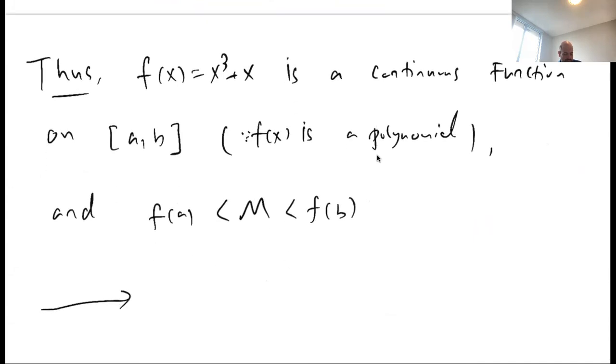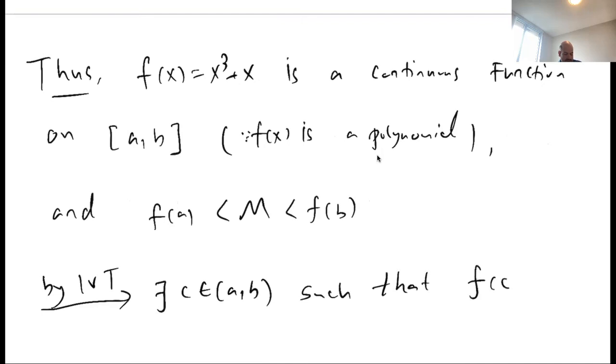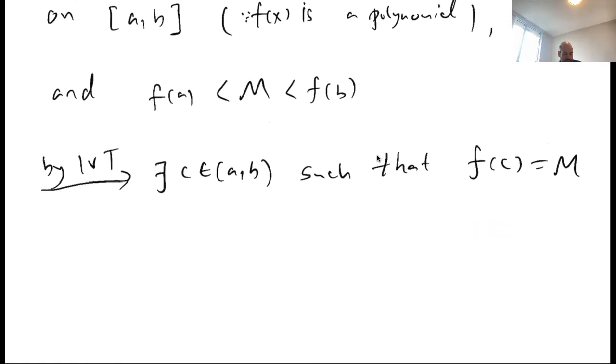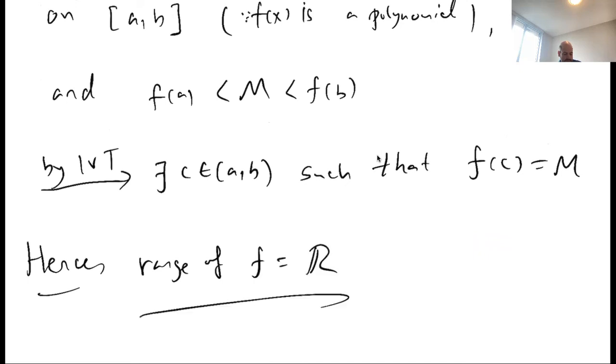So by IVT, we can say that there exists some c between a and b, such that f of c equals m. Hence, we conclude that the range of f is equal to the set of all real numbers. Because this m was an arbitrary real number, right?